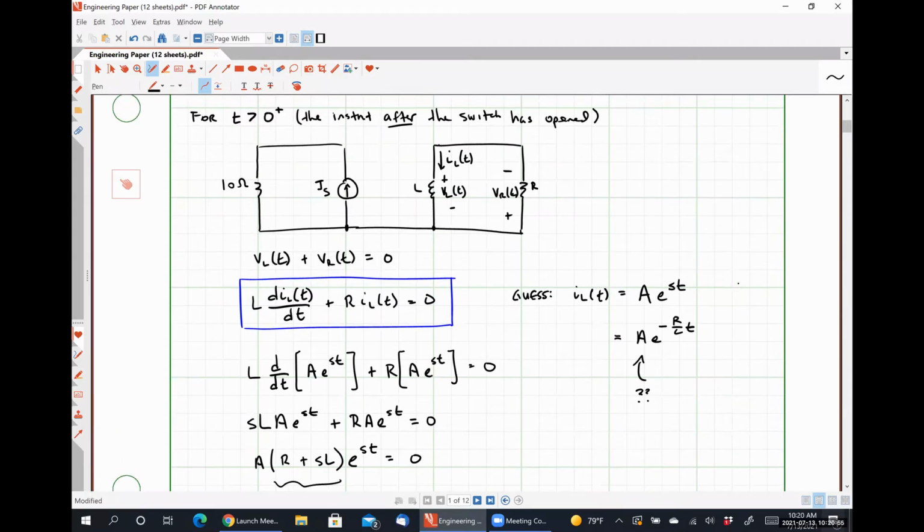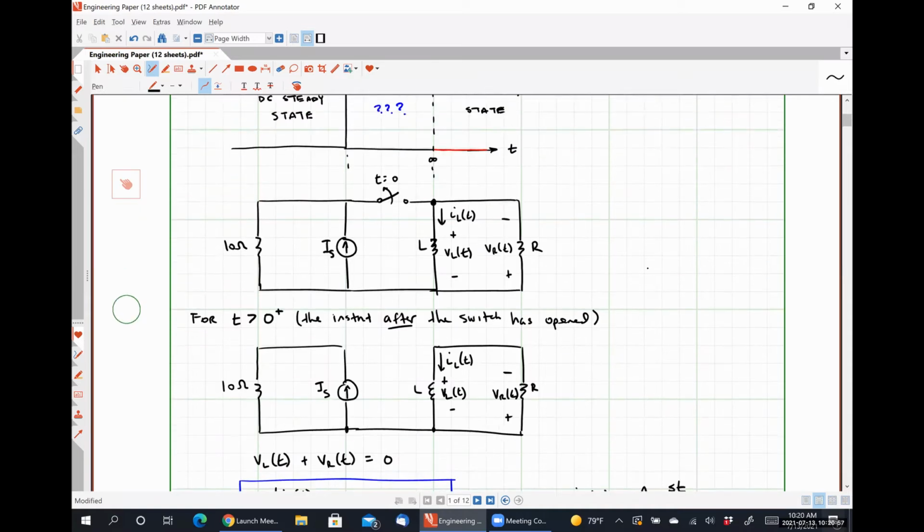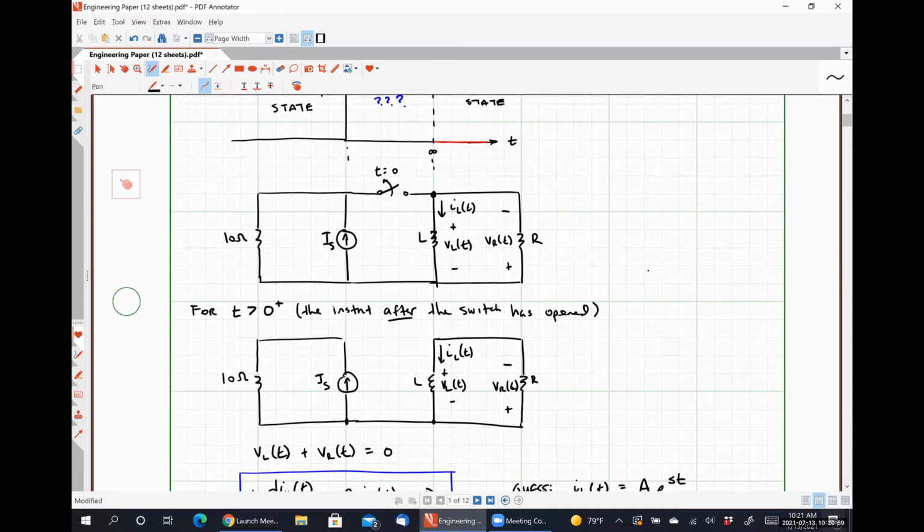So, could we analyze this original circuit at t is less than 0 plus and figure out what the inductor current was at that time?